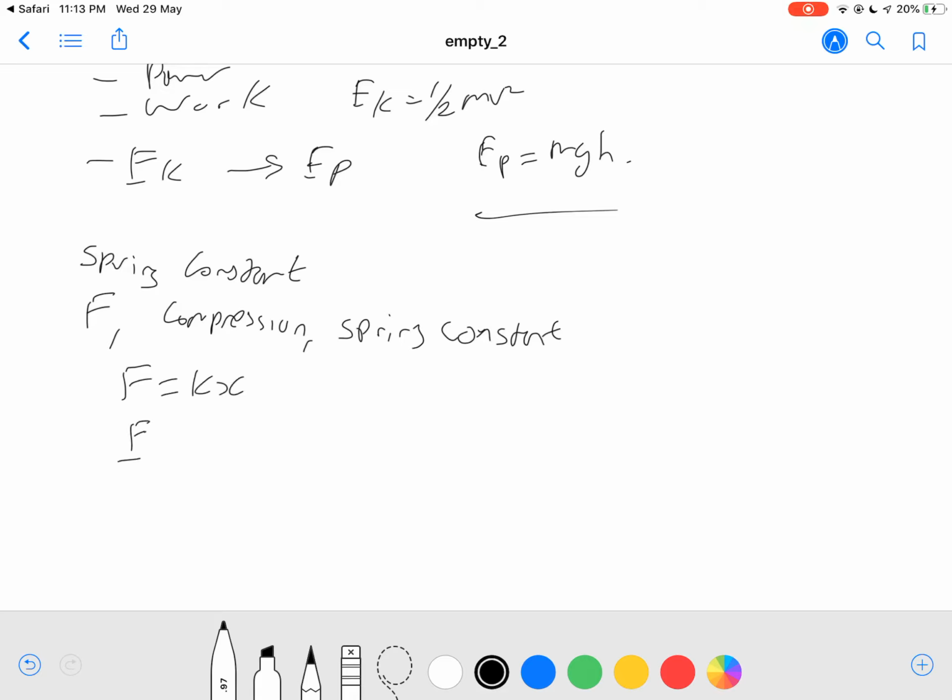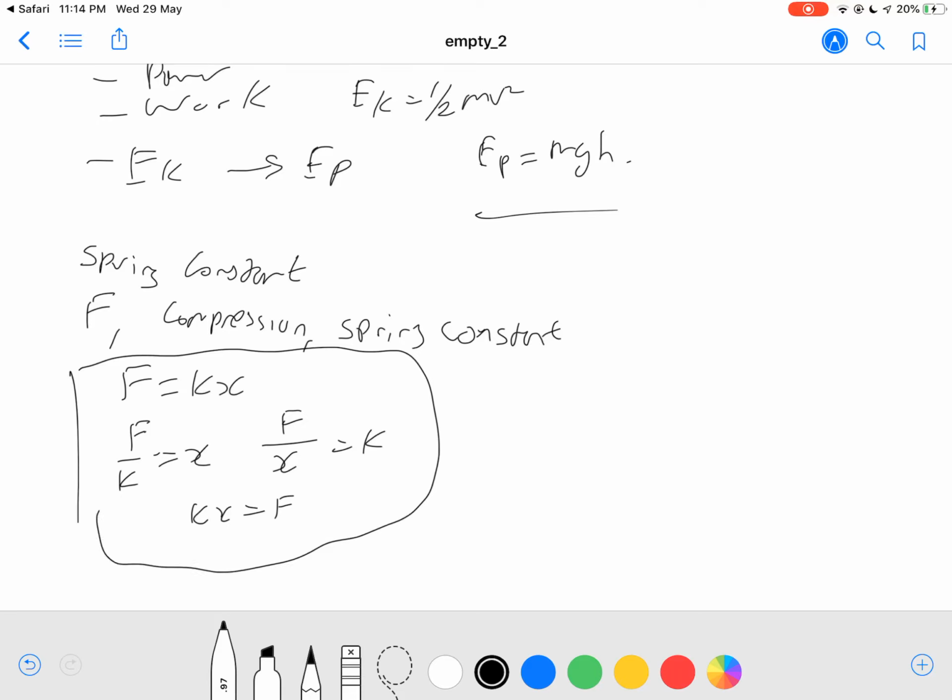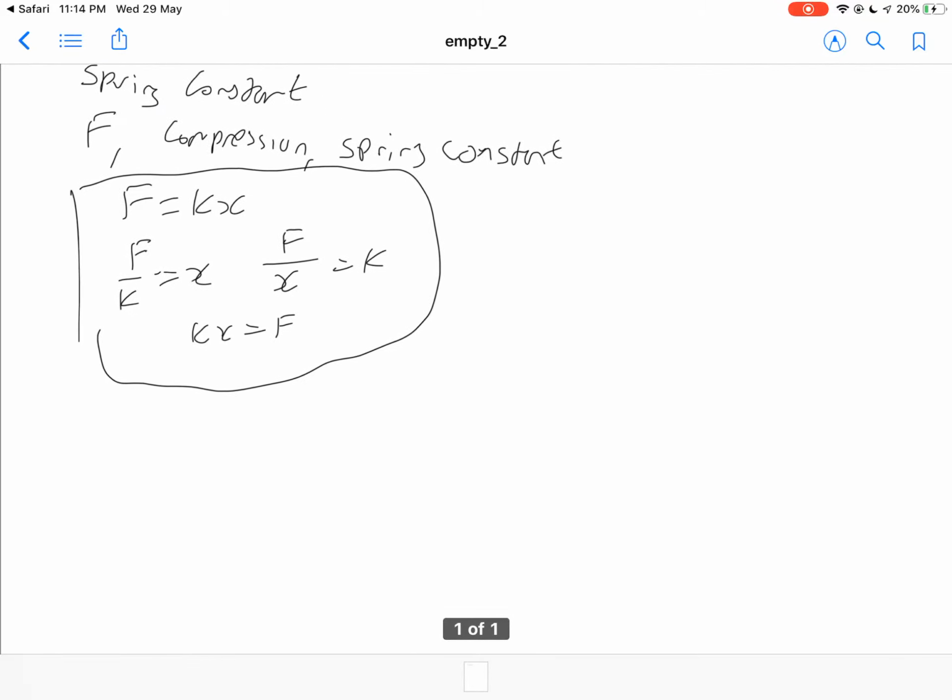So F divided by k equals x, F divided by x equals k, or kx equals F. You use this formula to find the spring constant, the compression distance, or the force, given that you have at least two of the variables. If you have two variables, you can find the third one using the formula.